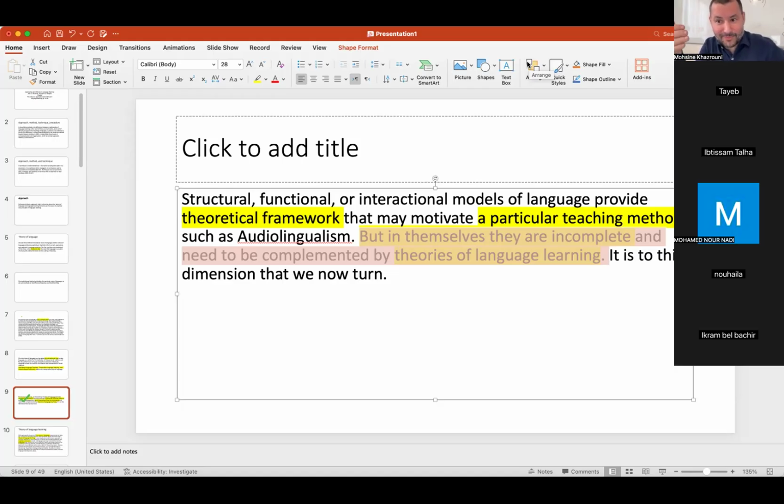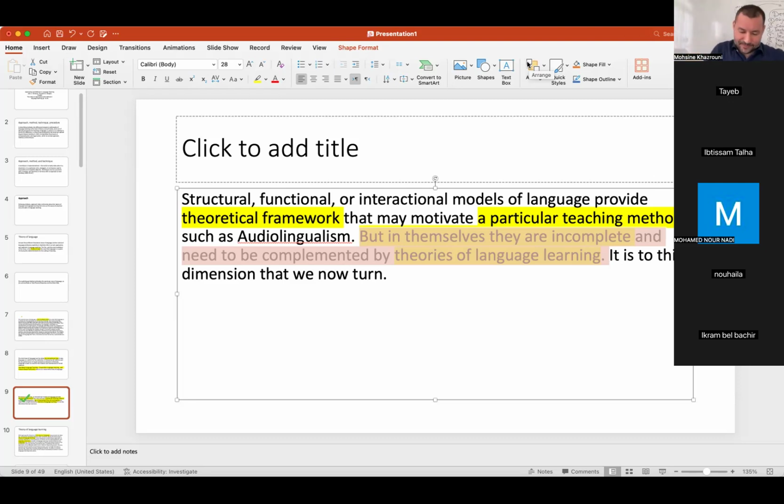Tayyib was talking about some activities his teacher used to do in the classroom, like role play activities. So you can comment on these particular points, because if you talk in general, it doesn't guarantee that you really understood the slide.